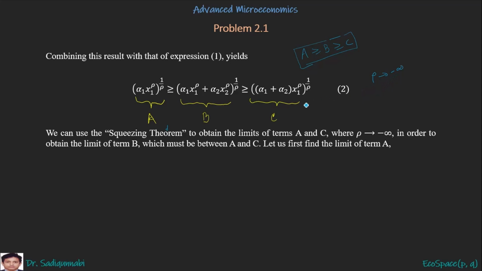Because if we can find the limit of this value and the limit of this same value, then we can say that it is also true for the limit of B, because B is lying between A and C. So the value of the limit for A and C is also the value of the limit for B. This is the squeezing theorem.